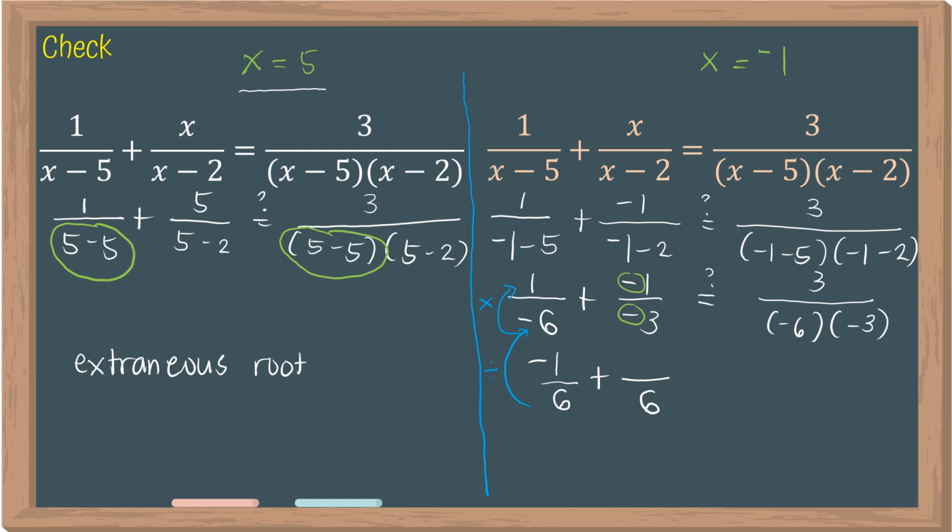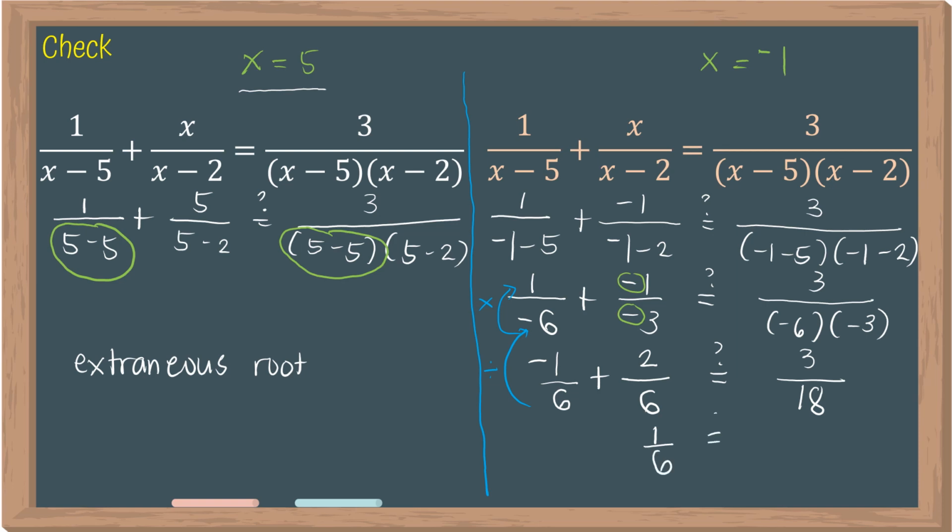Same with that, okay? Plus, 6 divided by 3 is 2, times 1, that will be 2. So will that be equal to the right side, which is 3 over negative 6 times negative 3 will be positive 18. Okay. So simplifying this further, we have negative 1 plus 2, that will be 1 over 6.